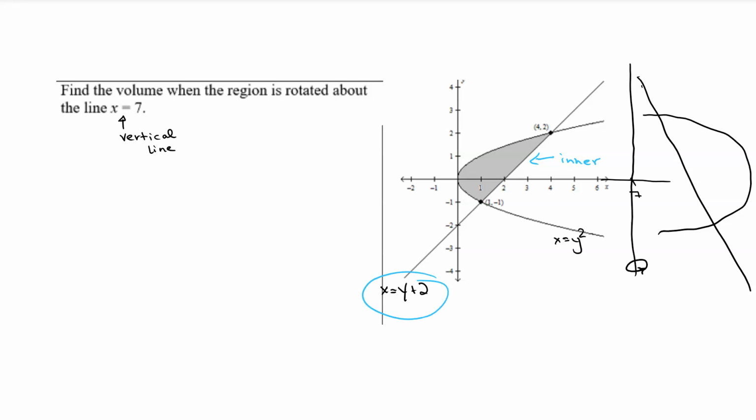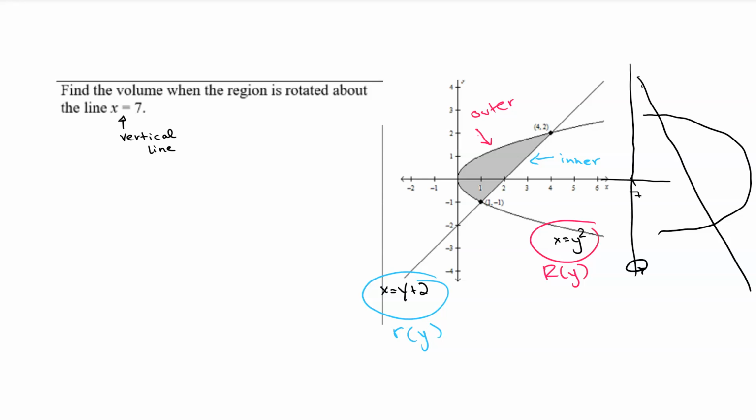So this is my inner. My outer is going to be that sideways looking parabola function, or y squared. So for outer, we use capital R. For inner, we use lowercase r to denote what we've got going on.